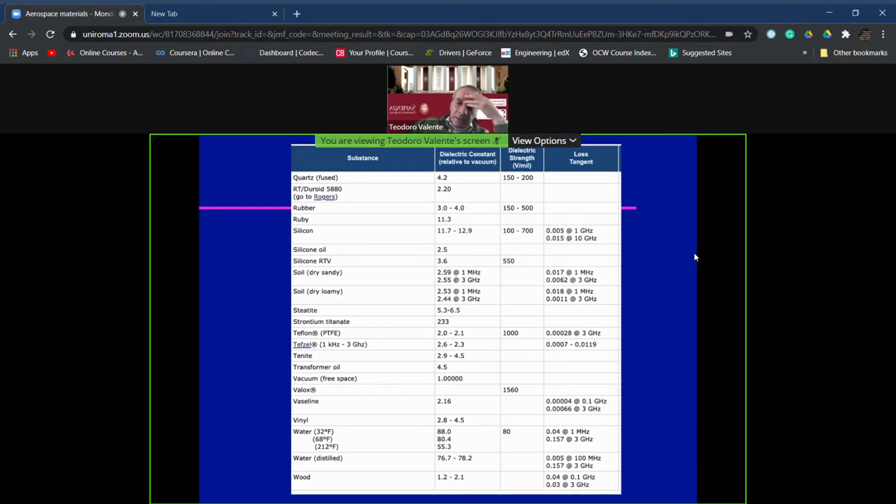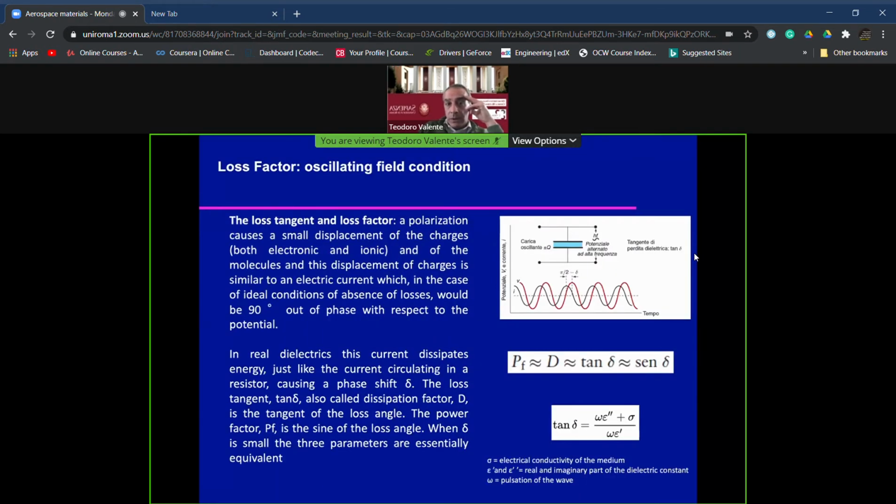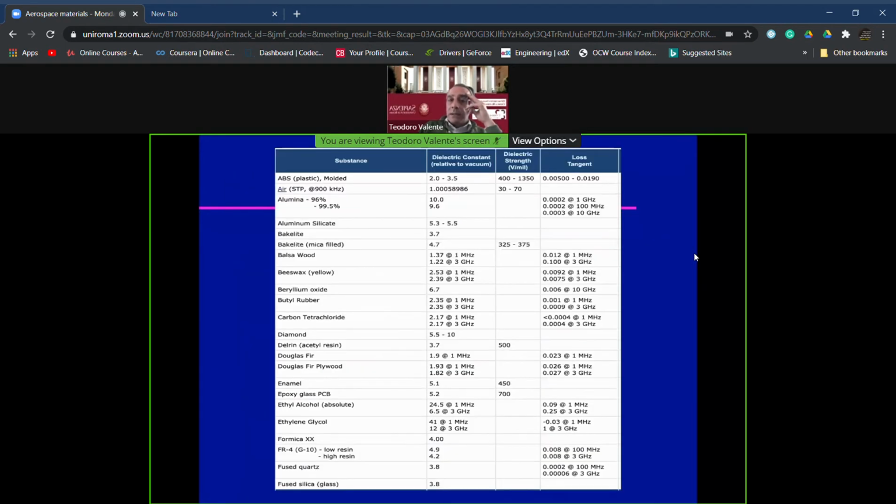What I can suggest to you is to have a look at the last column where the loss tangent is reported. Loss tangent, which we have defined here, okay? What we see is that this is a quantity which is not independent of the frequency.